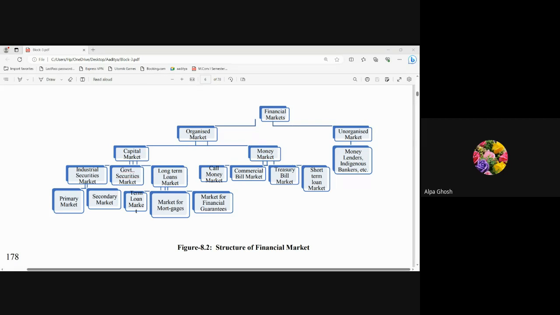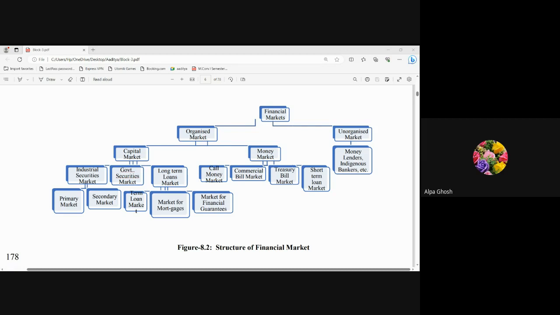When we talk about securities market, that is share market, it has two classifications. The first is primary market. Primary market is a market where the shares are available directly from the company. When the shares are available directly from the company, there is an opening date and there is a closing date.